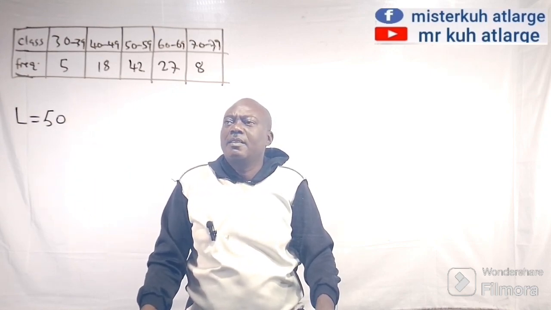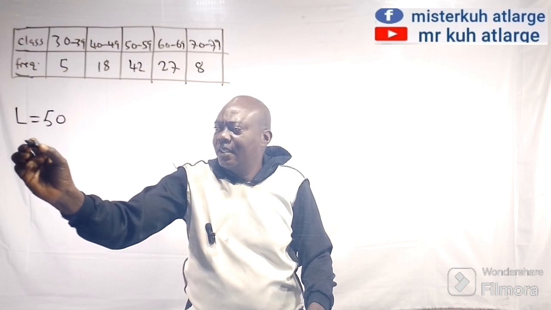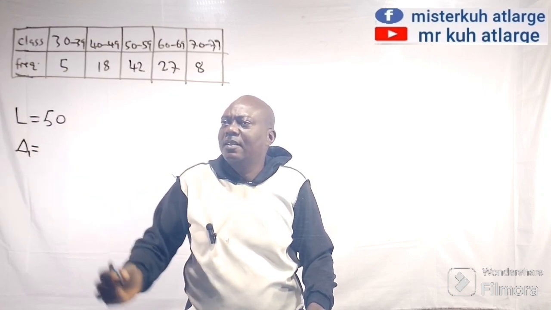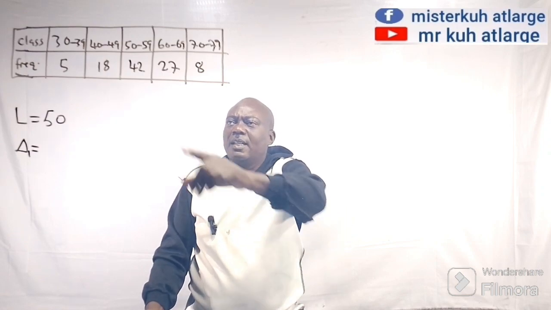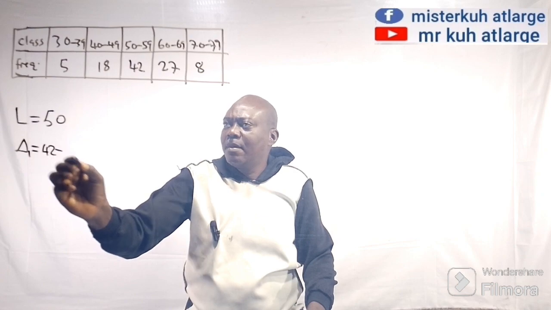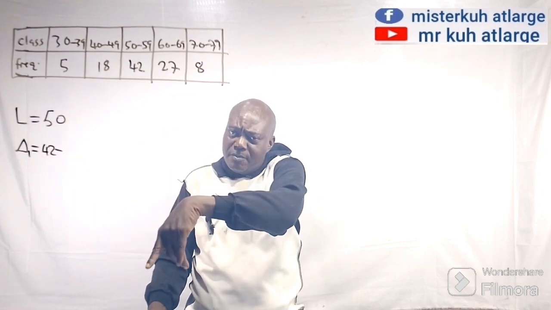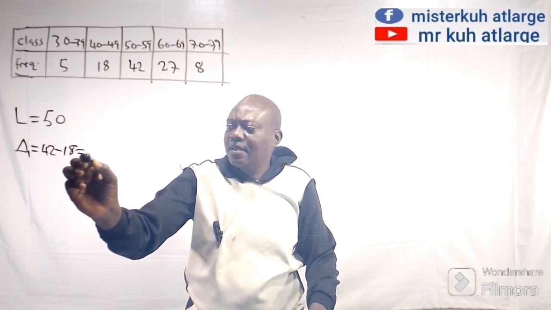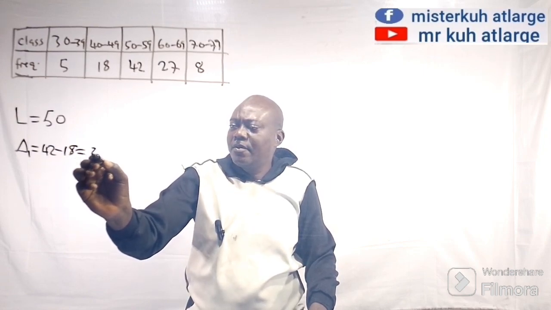So next, you have your delta 1. Delta 1 is what? The frequency of the modal class, which is 42, minus the frequency of the class before the modal class, which is 18. So this one will give you 24.